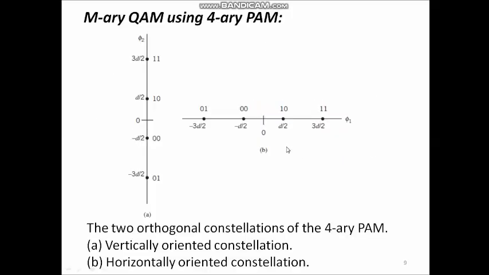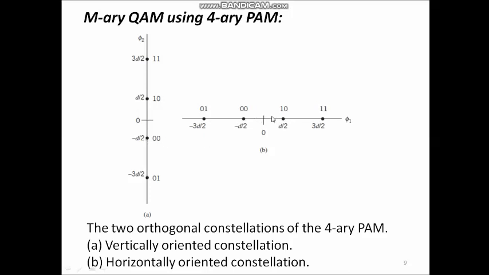Next, we will see how to find the M-ary QAM constellation diagram using the 4-ary PAM constellation. Here two orthogonal constellations of the 4-ary PAM are given. Figure A represents the vertically oriented constellation and the second figure gives the horizontally oriented constellation.